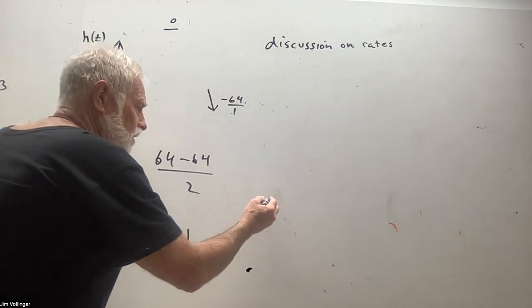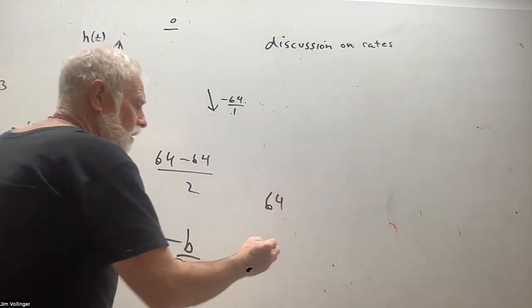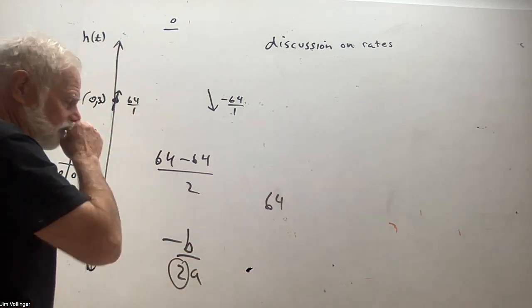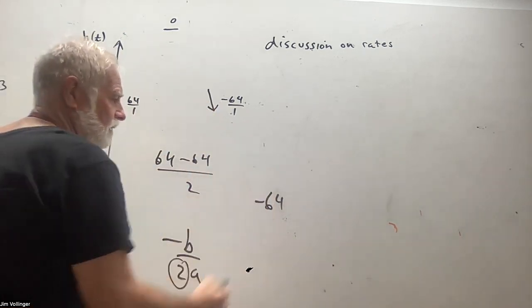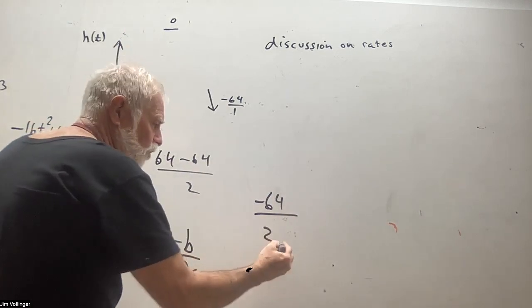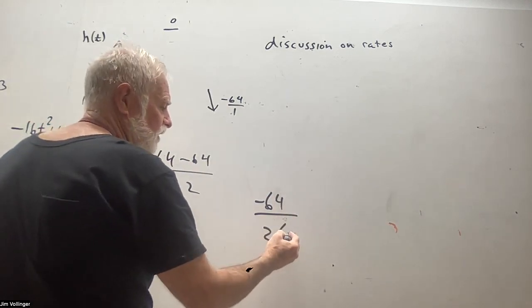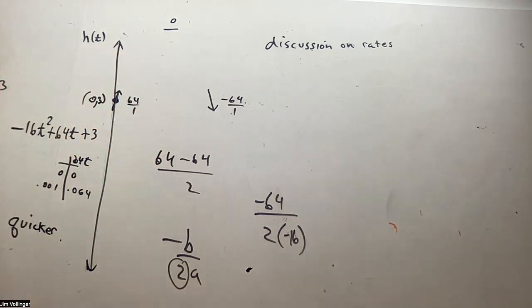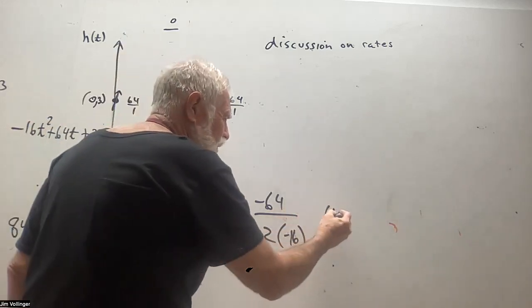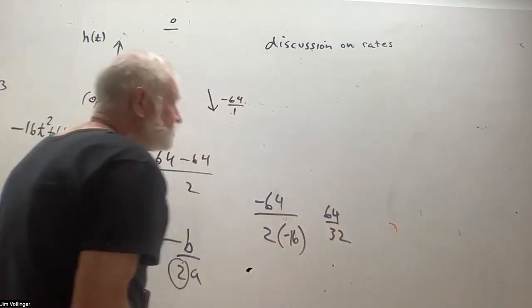I'm taking the number 64 and I am dividing it. I'm doing the opposite, right? Dividing by 2 and multiplying by negative 16, solving means dividing by it. And lo and behold, what do I get? I get 64 divided by 32, 2.